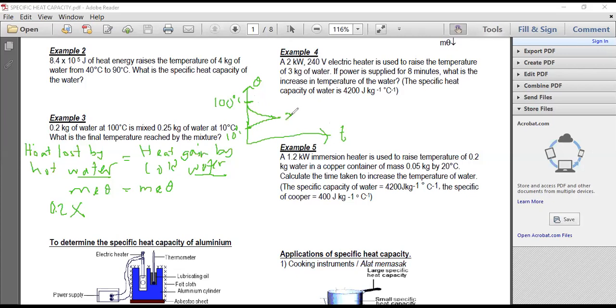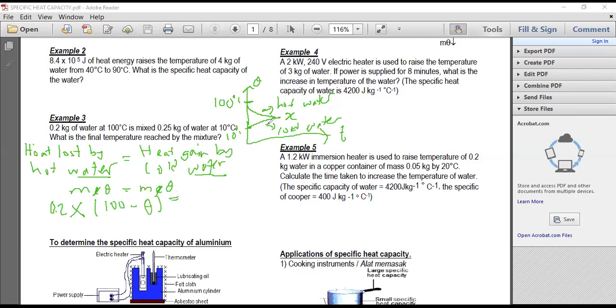Let's say the final temperature is x, this is what we're going to find. So these are the changes for hot water, and this one will be the cold water. So it becomes mc theta equals mc theta. So the m and c can cancel, because they are the same. So what will be the changes for hot water? The change will be 100 minus x.